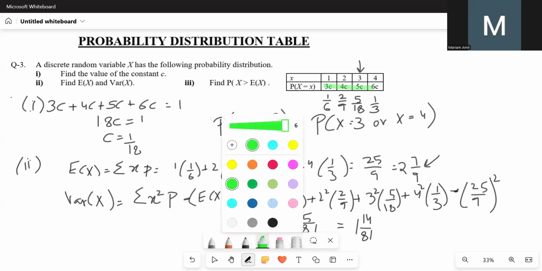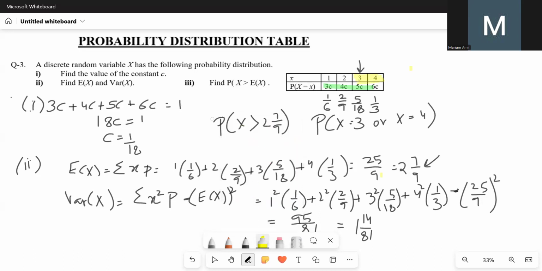So that means we have to find or add these two probabilities, probability of 3 and probability of 4. So probability of 3 is 5 by 18 and probability of 4 is 1 by 3. That gives us 11 over 18. This is the answer for part 3.